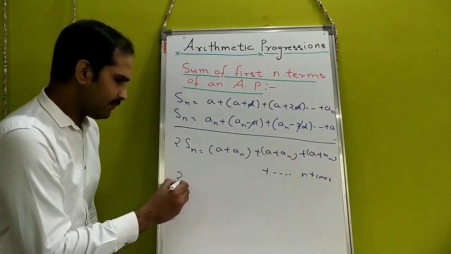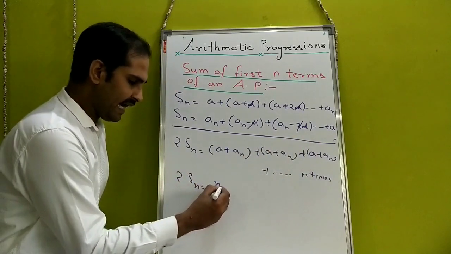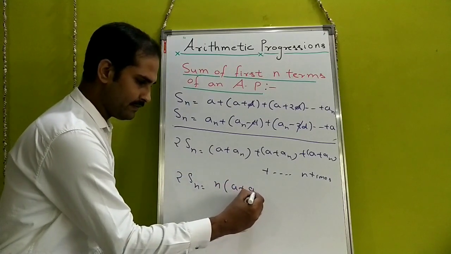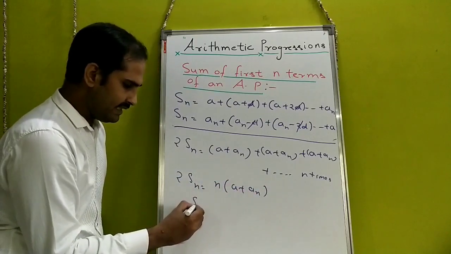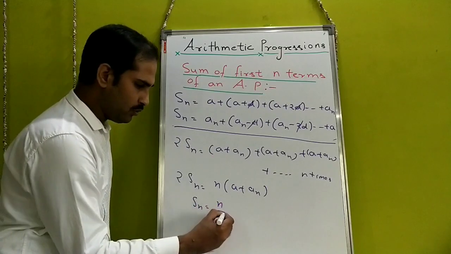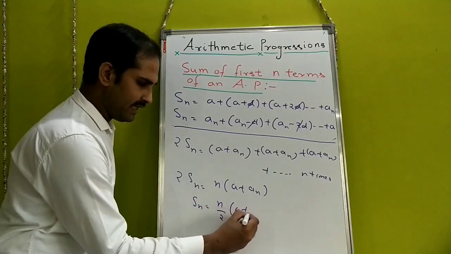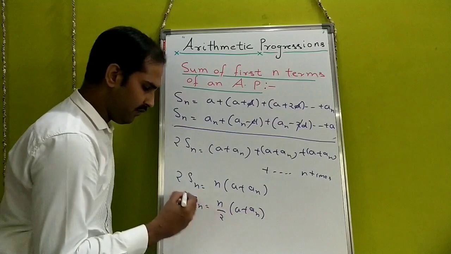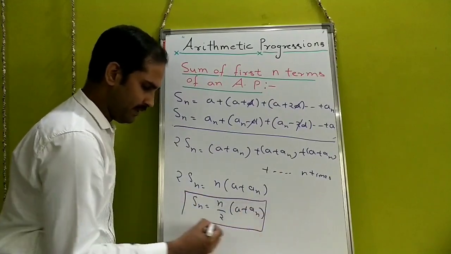So 2 times Sn is n times (a plus an). So Sn is equal to n by 2 in brackets (a plus an). So this is the general formula for the sum of n terms of an AP.